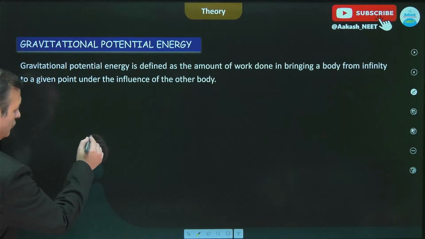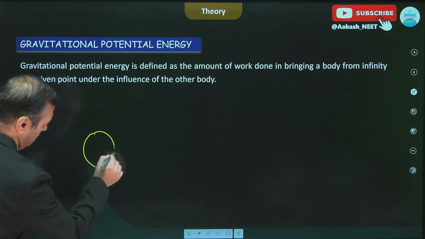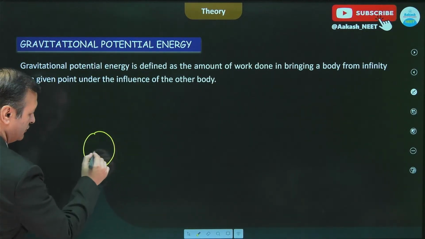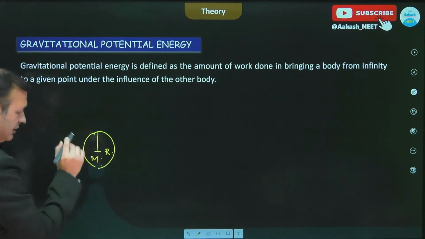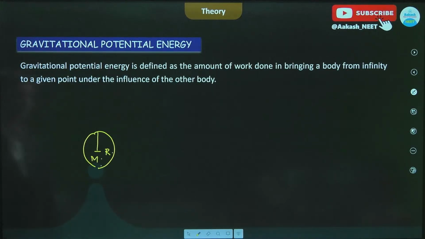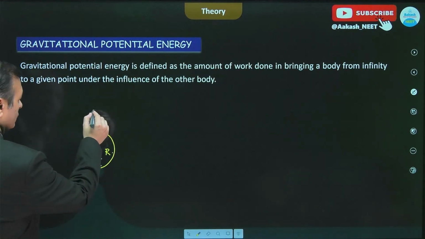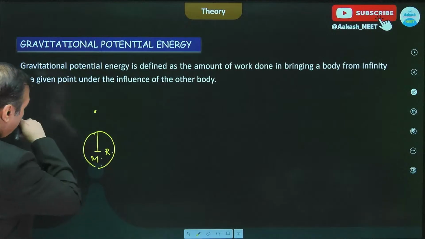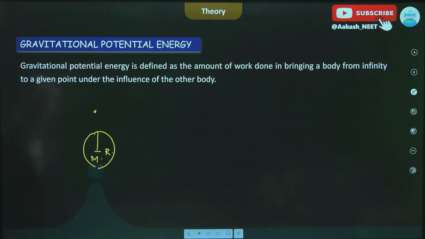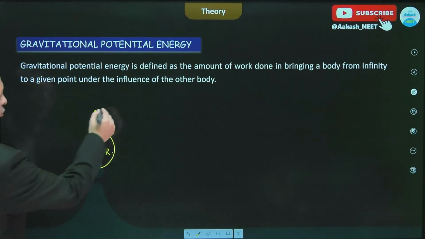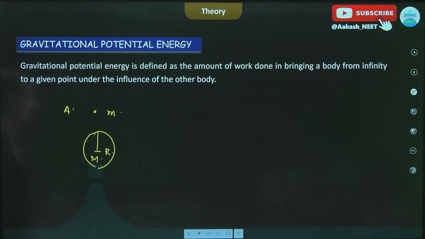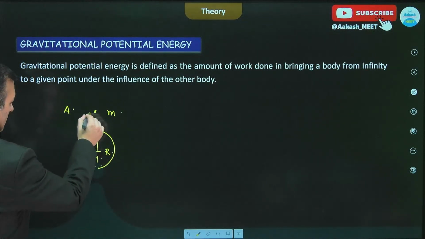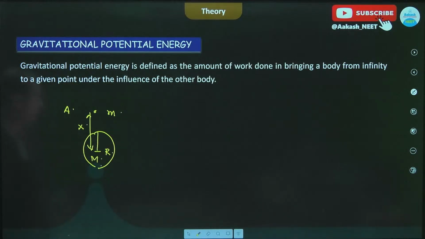So if you understand it a bit, let's suppose this is Earth and its mass is M. Let's suppose this is a small body m, which may be defined at position A, and let's keep it at position x.